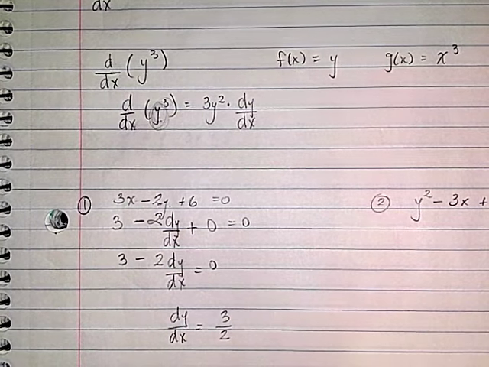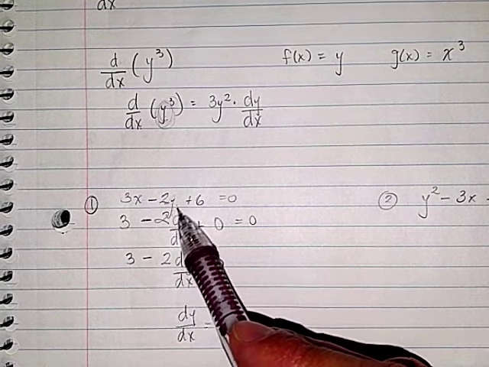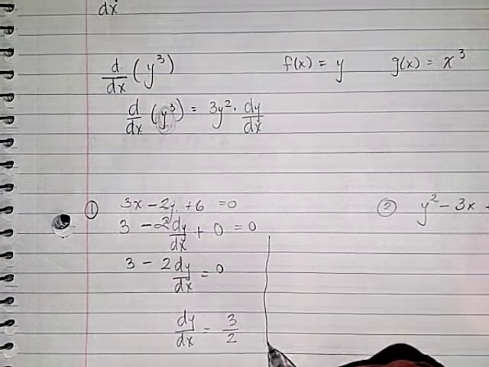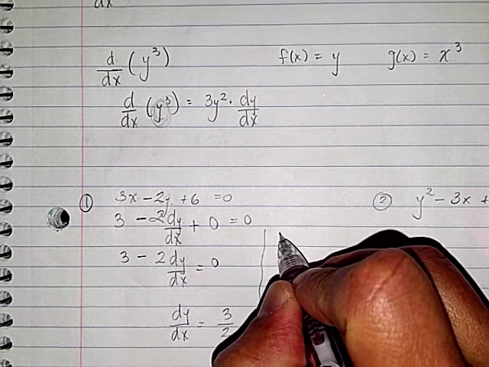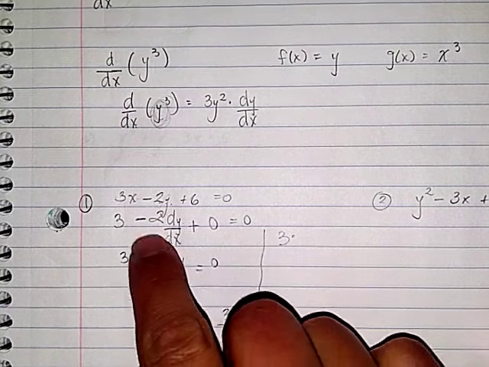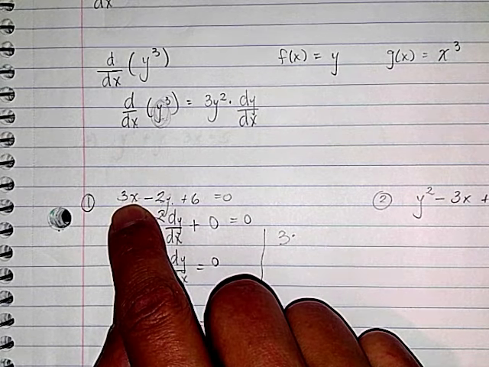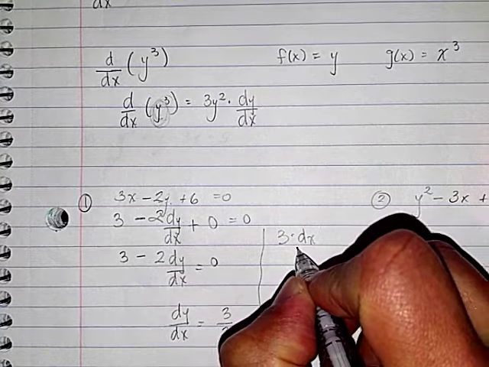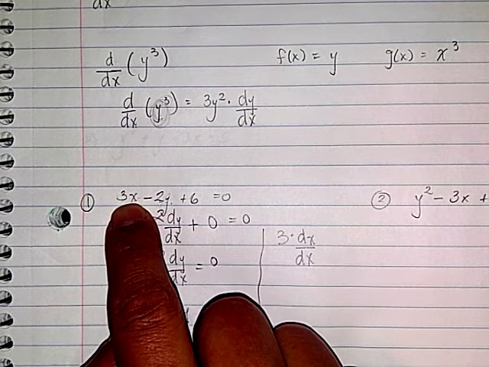Another way of looking at it, guys, is you see how it's x and y, and this is in terms of y, dy dx? Let me do it over here. If I take the derivative of 3x, we know that's 3. Now, if I do this same process here, that's an x, right? That means we're taking the derivative with respect to x, so this actually would be dx over dx, because it's in terms of x.